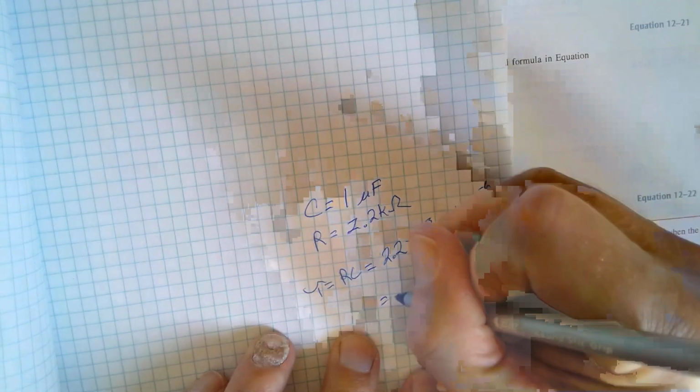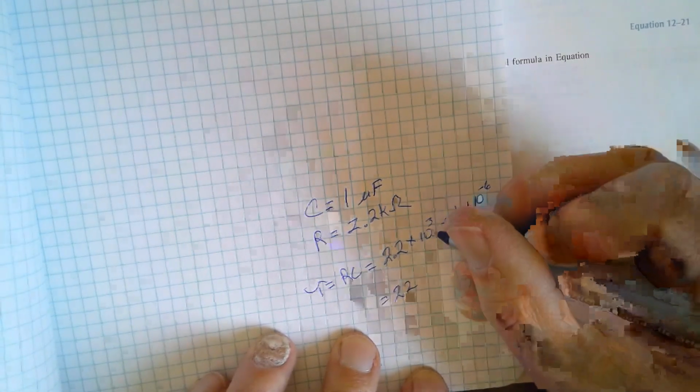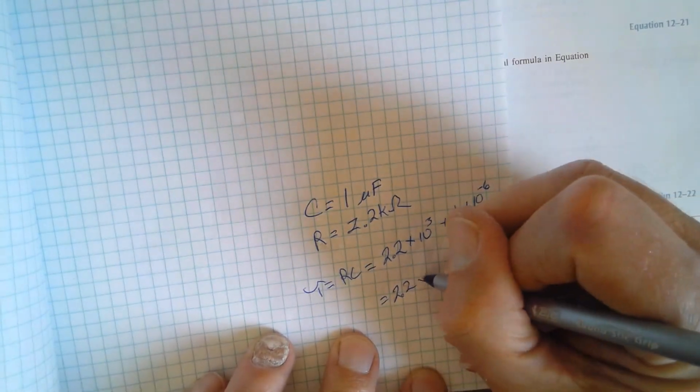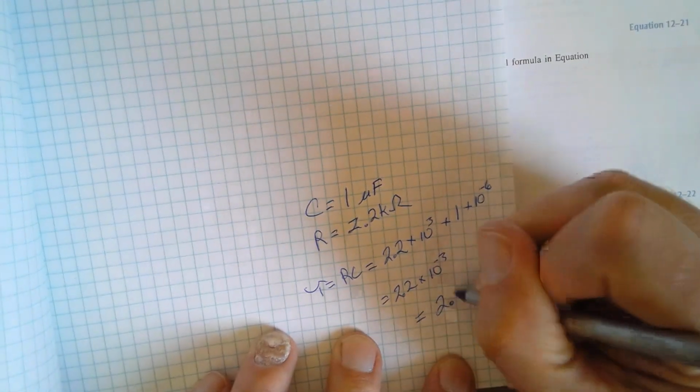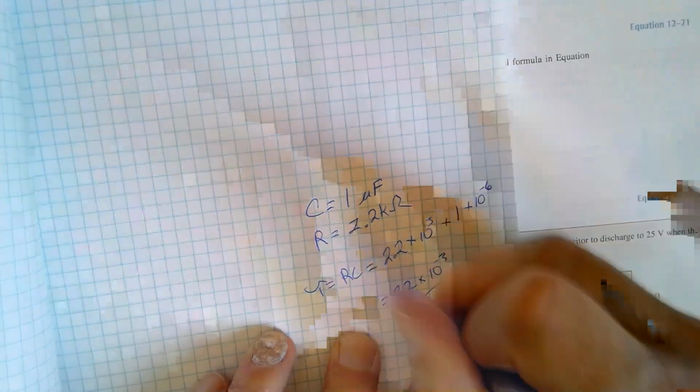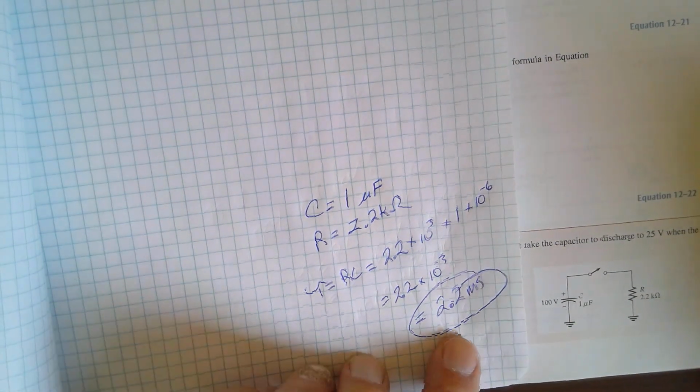So obviously we have 2.2 times 1 is 2.2, 10 to the third times 10 to the negative 6 is 10 to the negative 3, and so that's 2.2 milliseconds is my time constant.